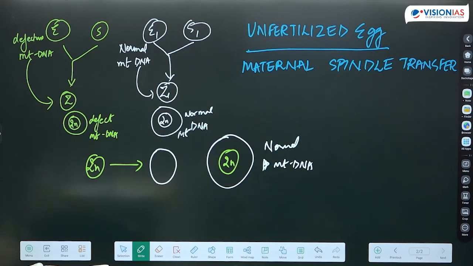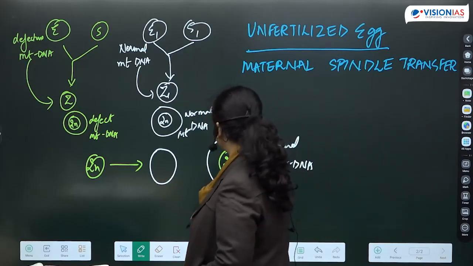The nucleus of the egg is called maternal spindle. So that nucleus being transferred, in the case of an unfertilized egg, it's called maternal spindle transfer. The second situation is if the egg is fertilized.